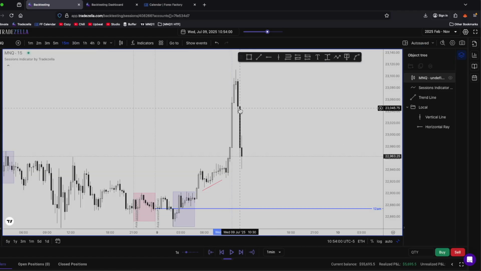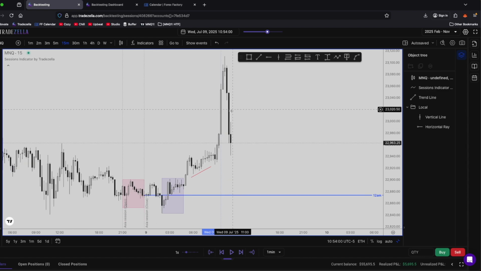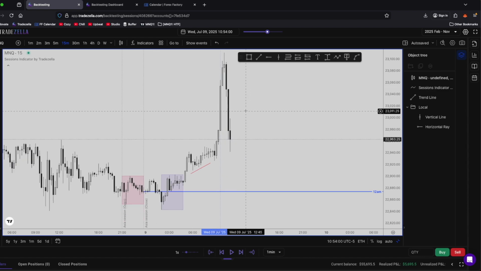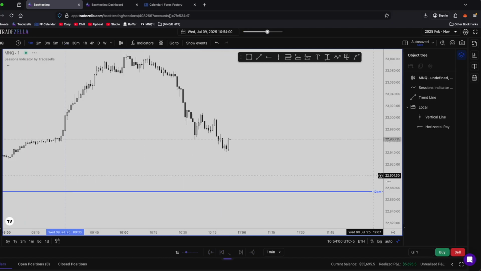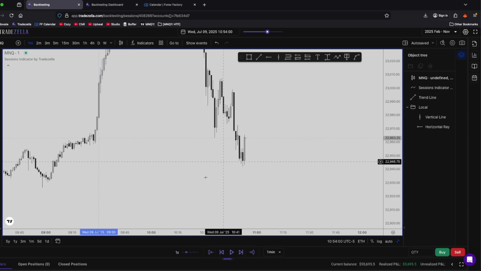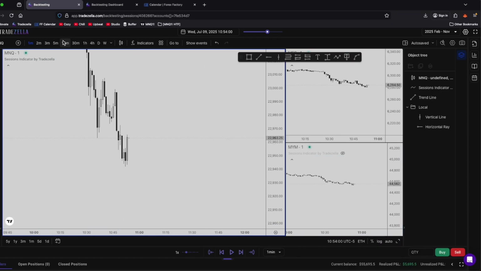So this is probably a breakaway gap, and then this one here is probably a normal fair value gap. So I'm going to chalk this up to a, let's check to see if there's SMT first.